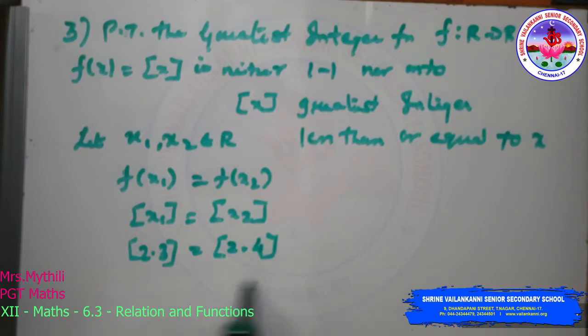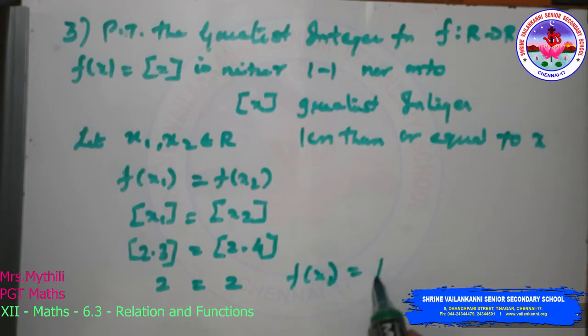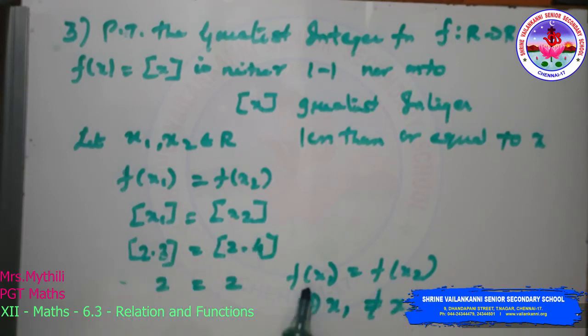The greatest integer would be 2, which is equal to 2. That is f(x1) equals f(x2), but x1 is not equal to x2. x1 and x2 have different values, but the images are the same. Hence it is not a one-one function.